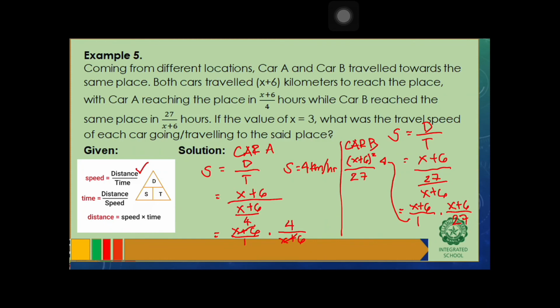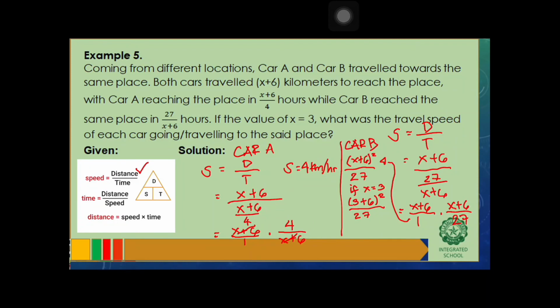But considering the problem is giving us the option of letting x be equal to 3, you can solve for the exact speed of car B. So if x is equal to 3, you end up having 3 plus 6 squared all over 27.